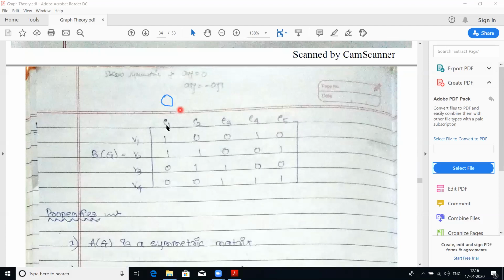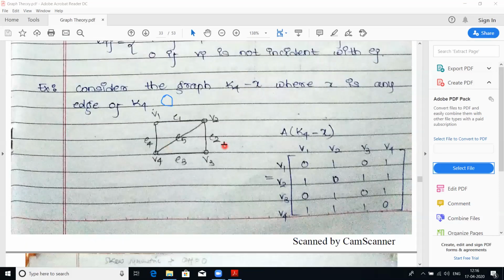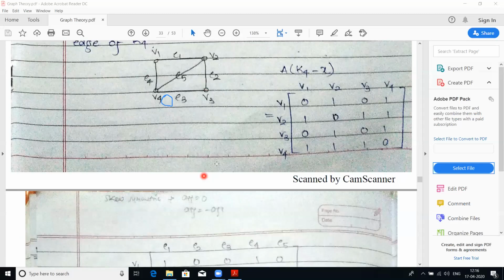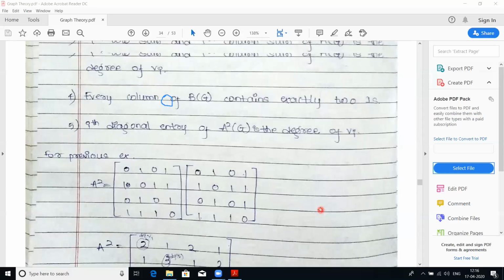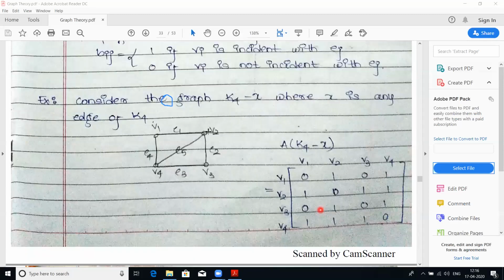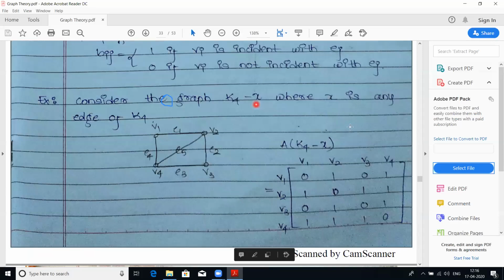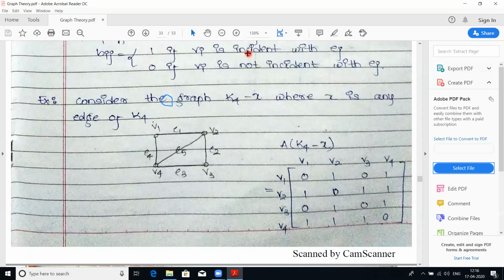In this graph, the number of different paths between V3 and V2 of length 2; the condition is length 2 here. This is a path: from V3 you go to V4, then from V4 to V2.